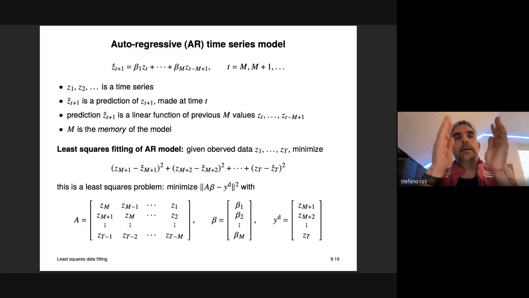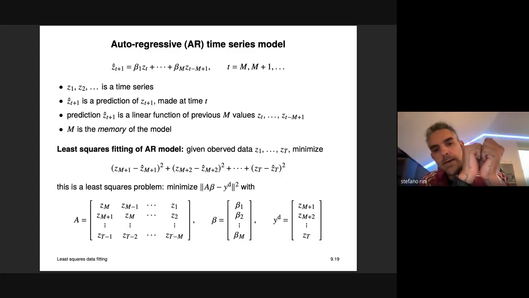Okay, so at time m, we are predicting the time m plus 1 using the past m values. So the y will be the m plus 1, and what you have in the window is the Zm all the way to Z1. Of course, these are all parameters that you can change, meaning that you can change the past window the way you want.